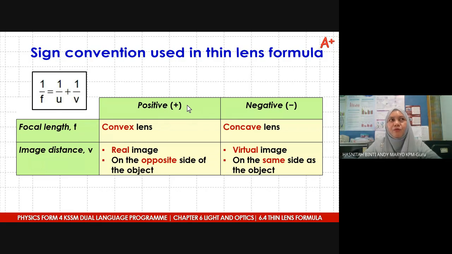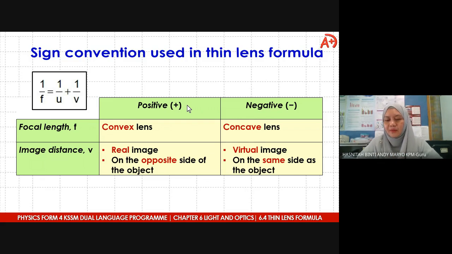For object distance, for both concave and convex lenses, object distance is always positive. Object distance is always placed in front of the lens, so the value is always positive, remember.